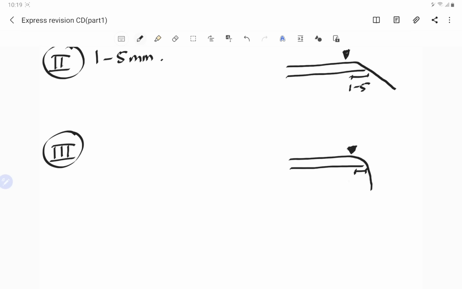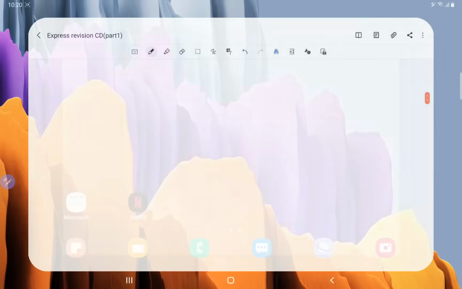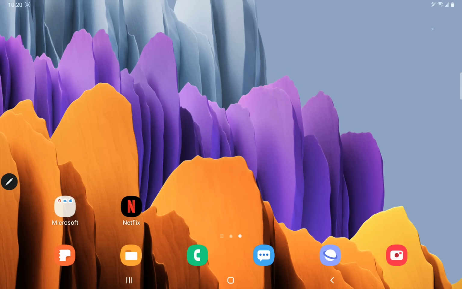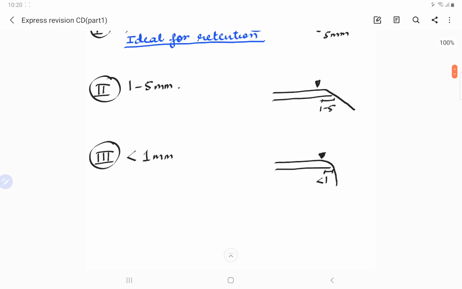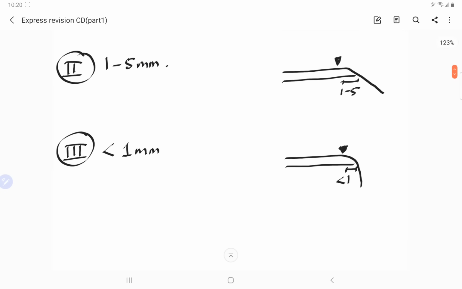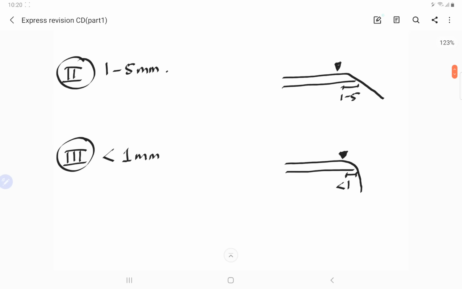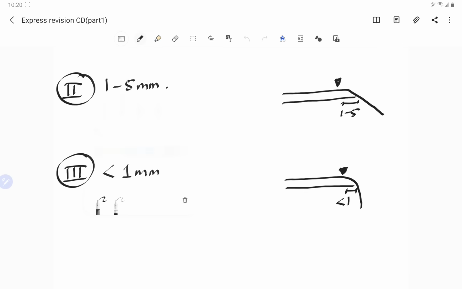It is less than 1 millimeter, which is poor for the retention of the denture.